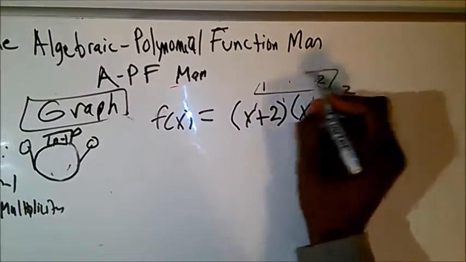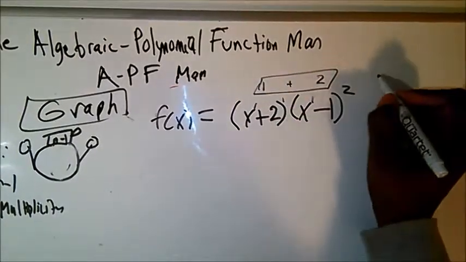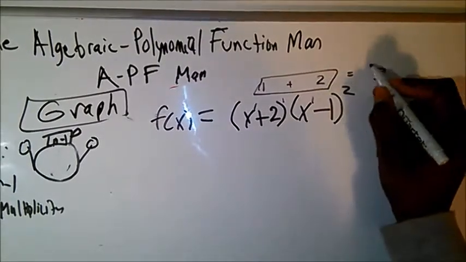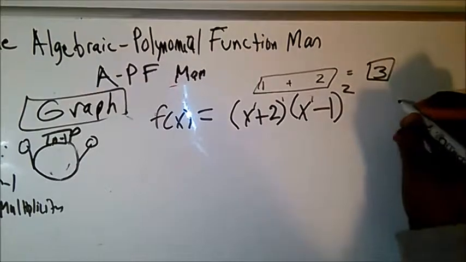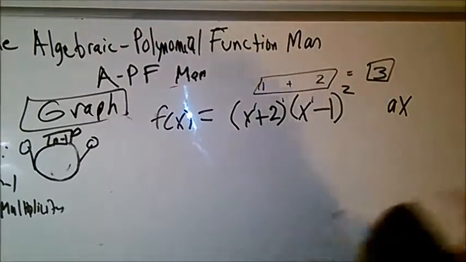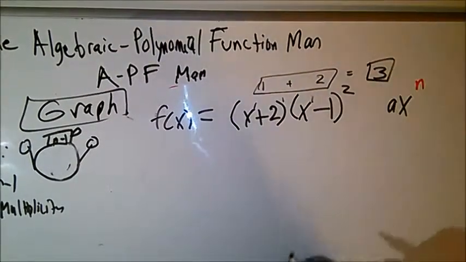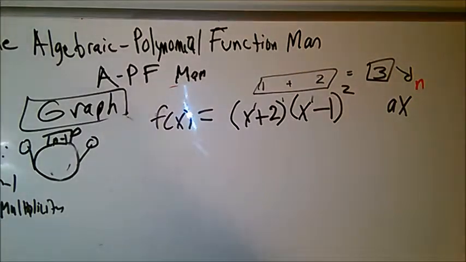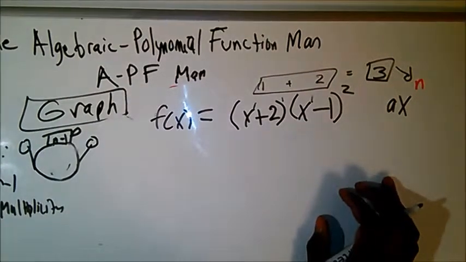And you add this together, and your highest power should be 3. Your n of this one should be 3. Well, let me prove it to you so that you will see.